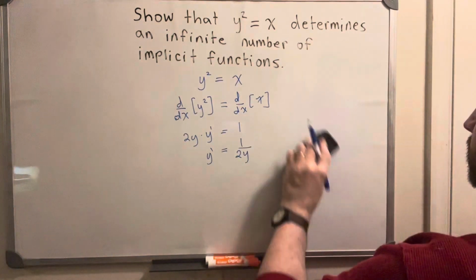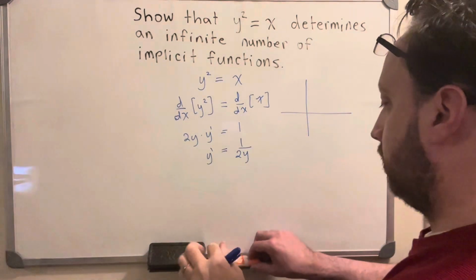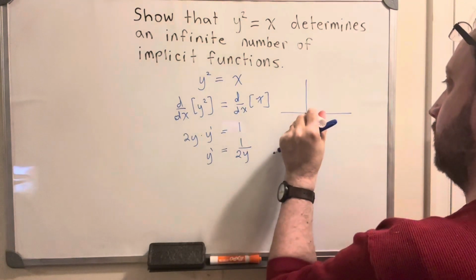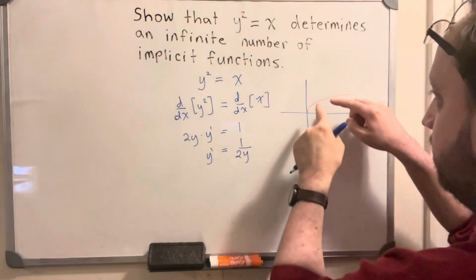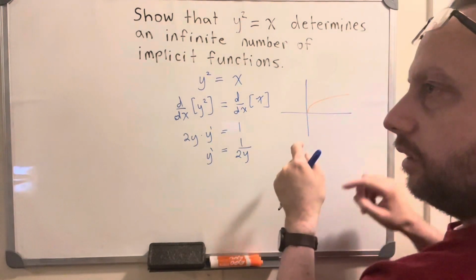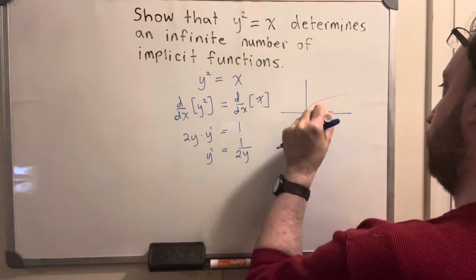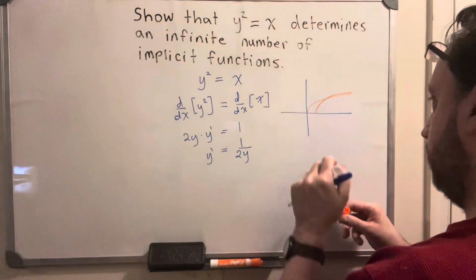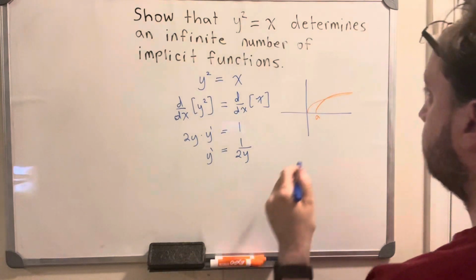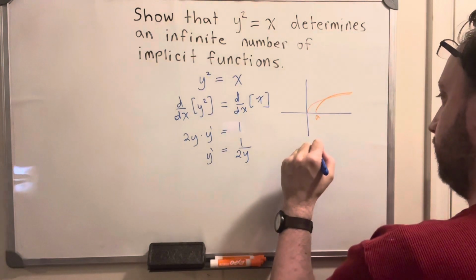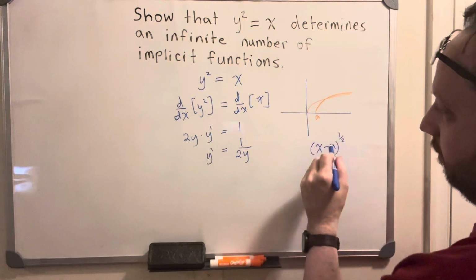To figure out that, let's look at this. The square root of x function looks a lot like this. Keeping this same shape function, what would this one be if this were some value a? It would be x minus a to the 1/2.